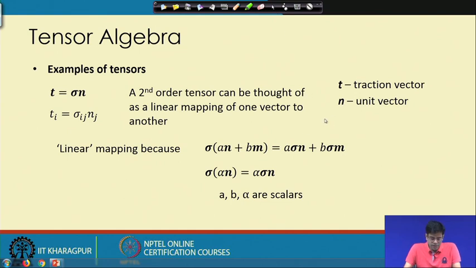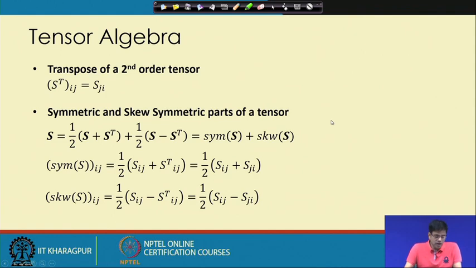Once we know what a tensor and its transformation are, then we can understand the transpose of a tensor. The transpose of a second order tensor is very similar to the transpose of a square matrix. So, S ij transpose is S ji. In the last class we also saw the symmetric and skew symmetric parts of a second order tensor.